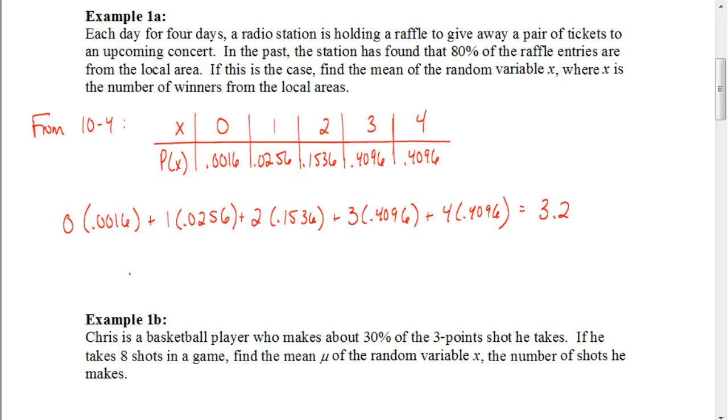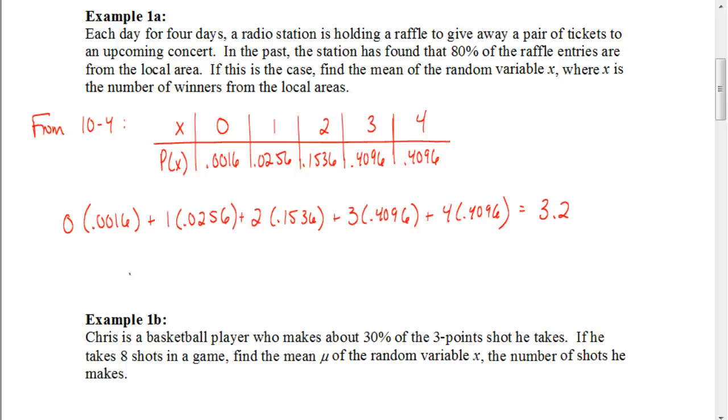So in the previous lesson, lesson 10.4, we would have had to come up with this table, where x represents the number of local winners. So we could have 0, 1, 2, 3, or 4 local winners. And then to find the P of x, for the first one, we'd have to do 4 choose 0 times 0.8 to the 0 power times 0.2 to the 4th power.